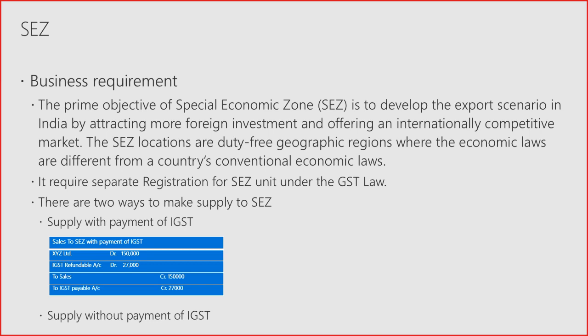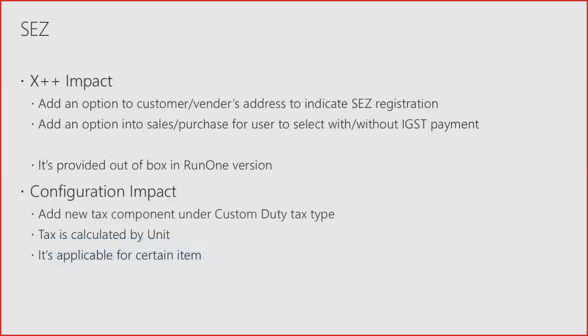the story. What is the impact to finance and operations, and what is the impact to our GST configuration? So again, firstly, we need to check whether there's any X++ impact. The first requirement is that the user or business should have a separate registration in the SEZ area.